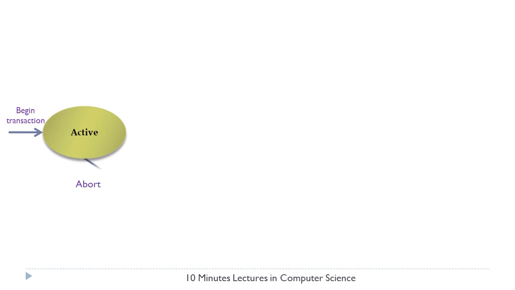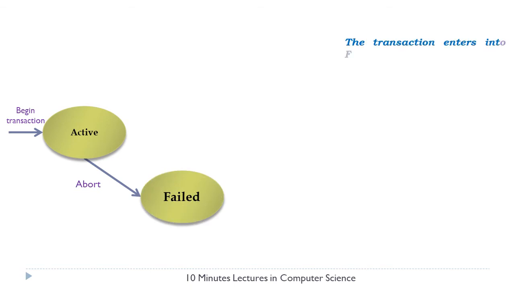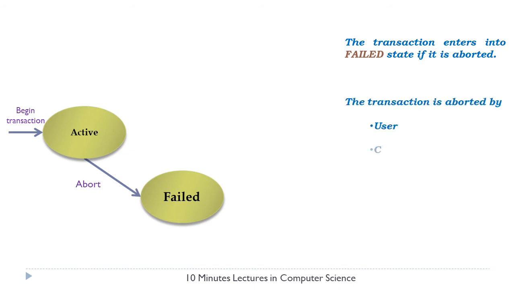From active state, if the transaction is aborted, it will enter into failed state. The transaction enters into the failed state if it is aborted by the user or the concurrency control protocol or due to the failure of the system. It may be a system failure or power failure, whatever it is. So for these reasons, a transaction which is in an active state may be aborted.